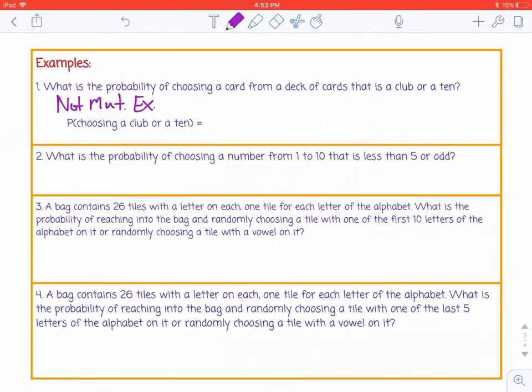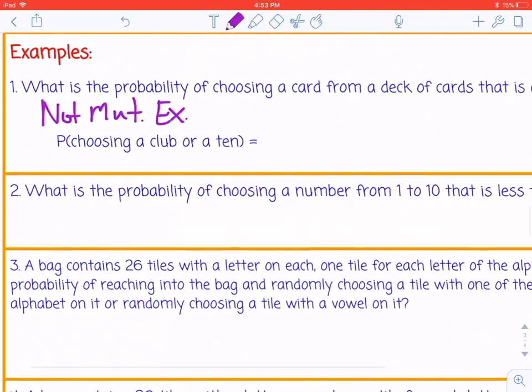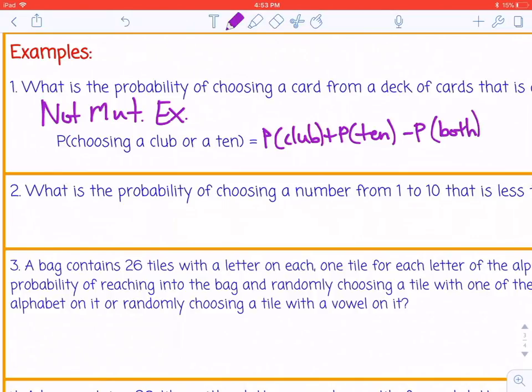So the probability of choosing a club or a 10 is the probability of choosing a club plus the probability of choosing a 10 minus the probability of the club that is a 10, so it would fall in both categories. So the probability a card is a club is 13 out of 52.